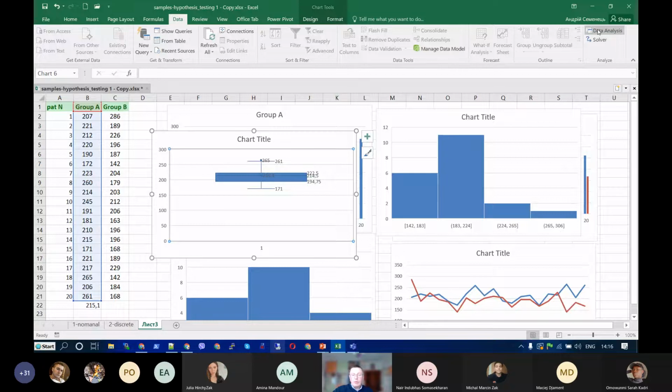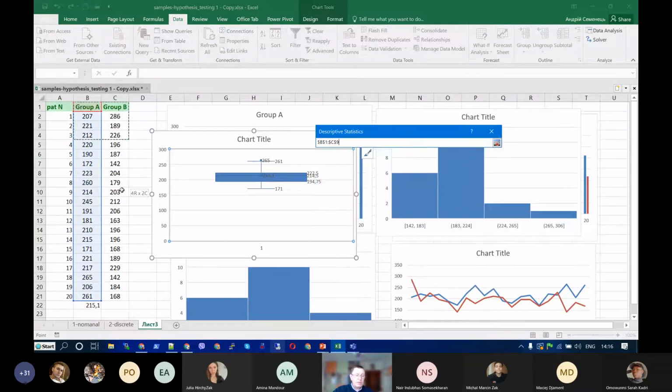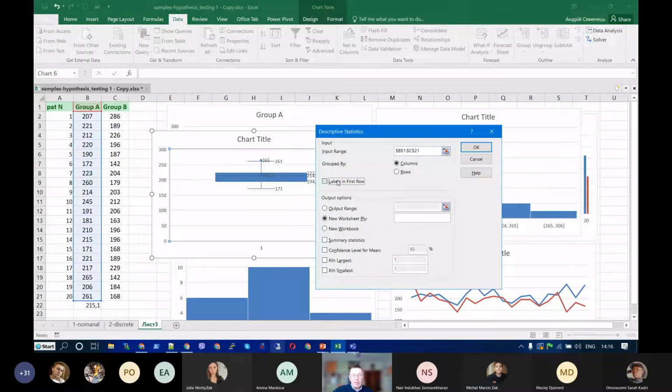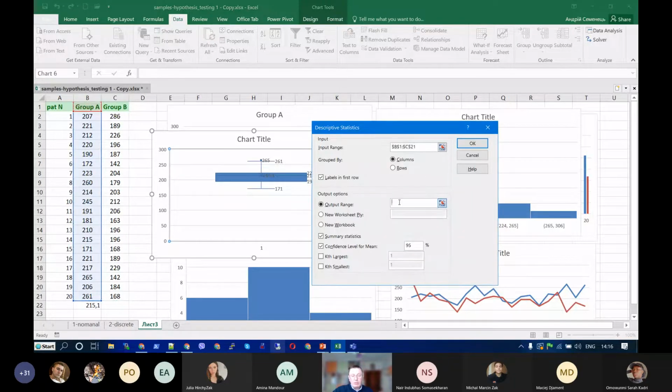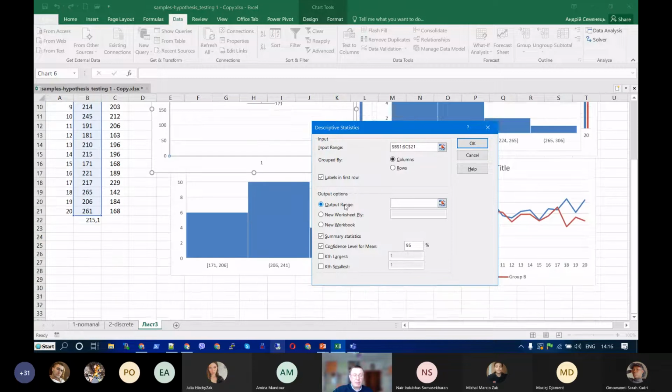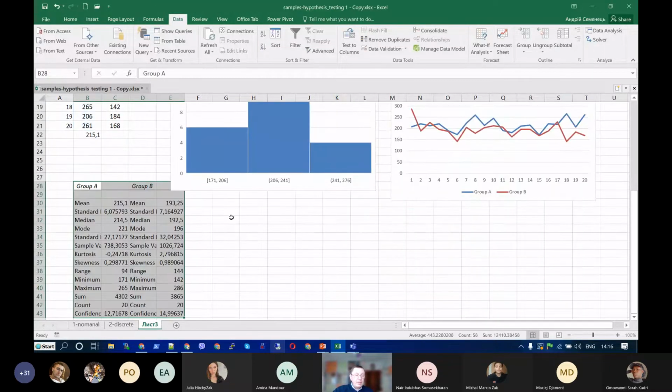But I will follow a more efficient way with descriptive statistic tools, which give me the ability to select a range I want to analyze, my data in columns, labels, I need summary, confidence interval, and my output range. Let me present my results here. And here I quickly obtain all necessary characteristics I have for this data set.